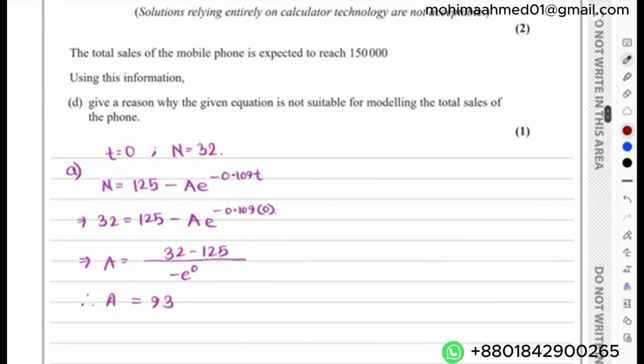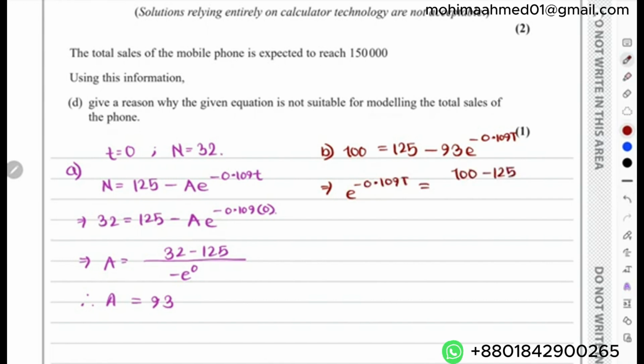So for part B, we'll use the same equation, but we need to find the time. So it will be 100 is equal to 125 minus 93, the value of A already known to you, e to the power of minus 0.109 with capital T. So if you make capital T the subject, that will be 100 minus 125, everything under 93.